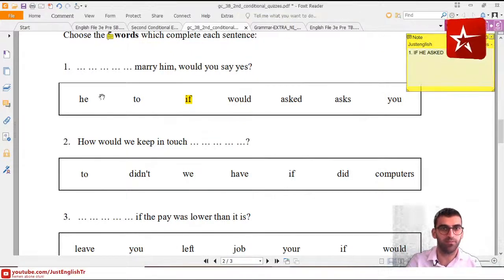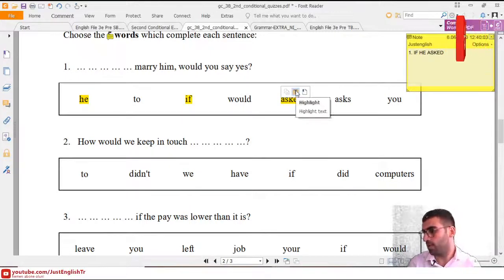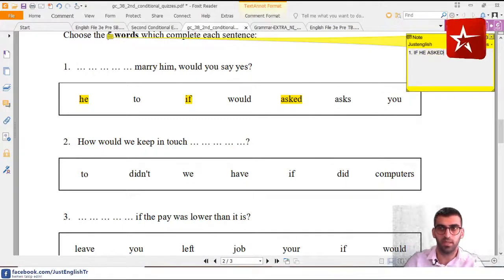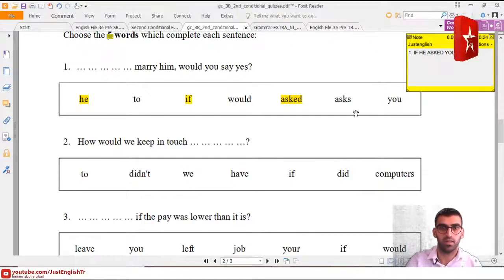Yes, if he asked, like 3 words we have already found. If he asked you to, yes, if he asked you to marry. If he asked you, where is you?